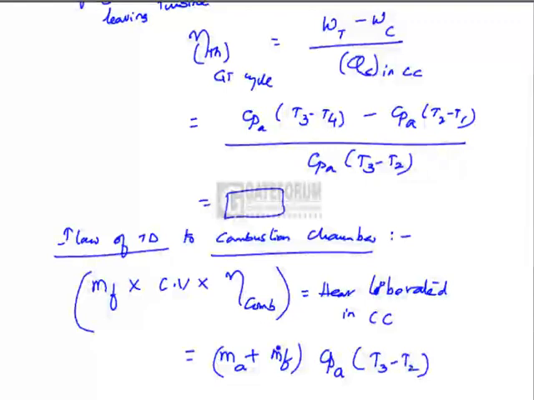Left hand side of this equation indicates the heat liberated in the combustion chamber due to the combustion of the fuel, whereas right hand side indicates the increase in enthalpy of the gases, that is mass of the gases into specific heat of the gases, which is taken as the same as that of the air, into temperature rise of the gases in the combustion chamber, that is from state 2 to state 3.